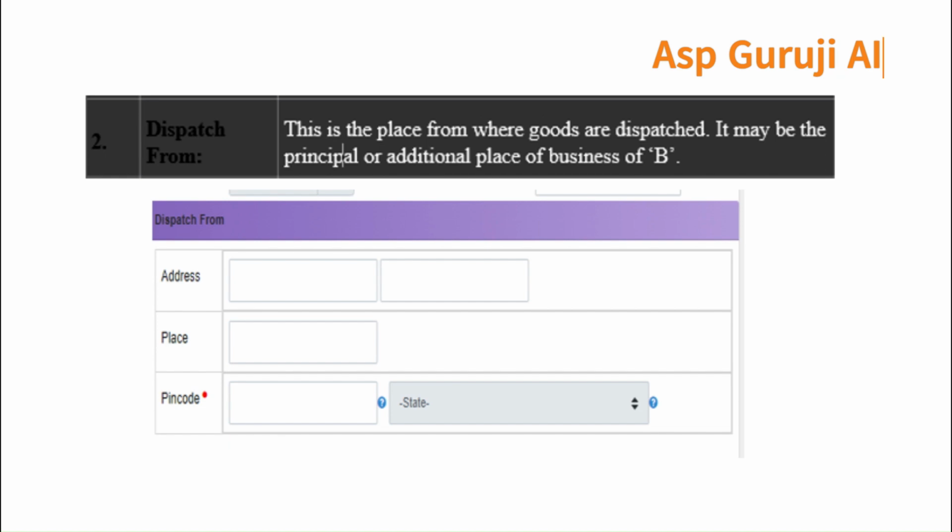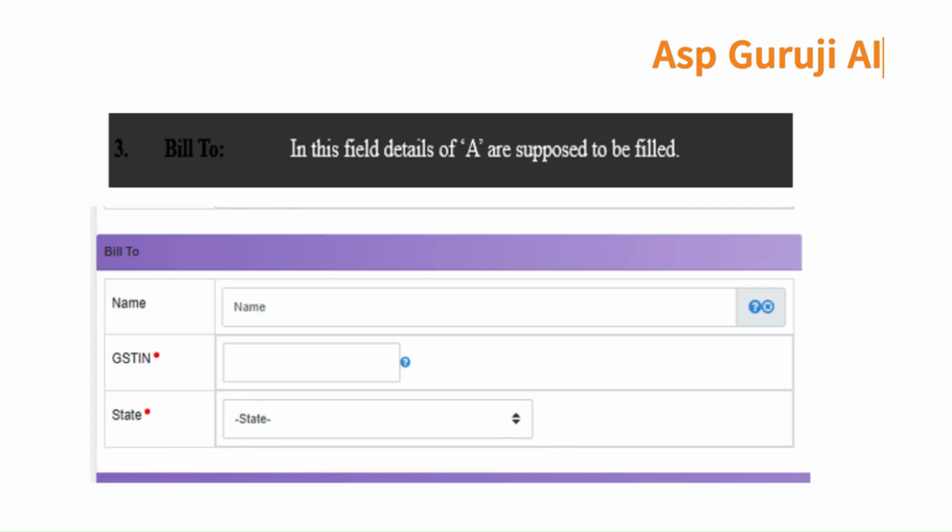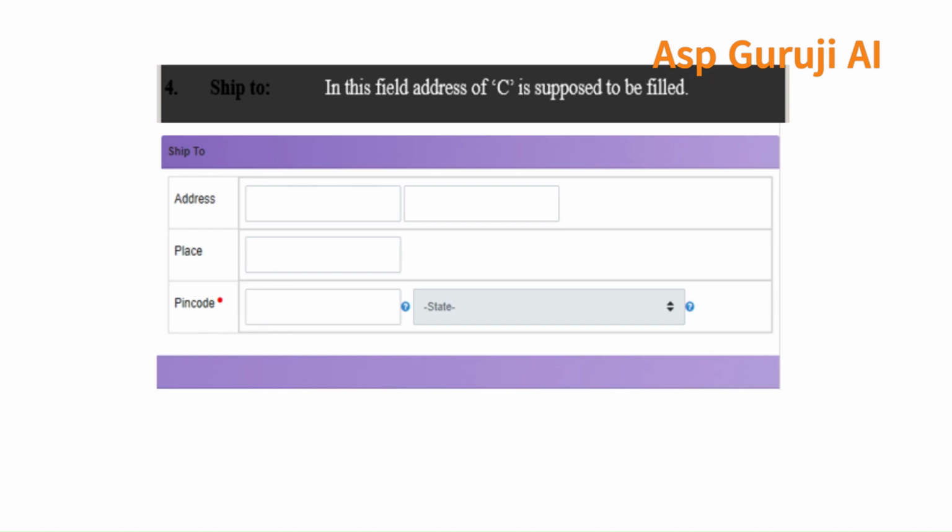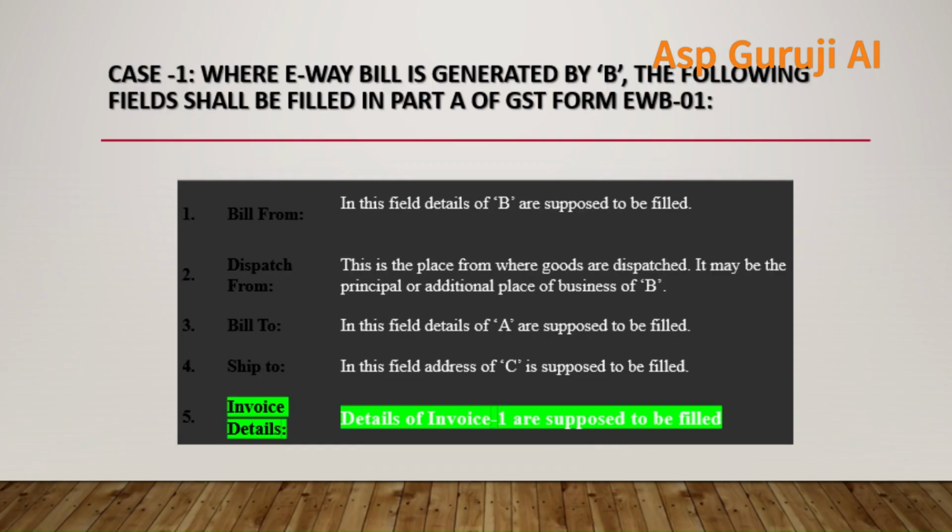It may be the principal or additional place of business of B. Third, bill to. In this field, details of A are supposed to be filled. Fourth, ship to. In this field, address of C is supposed to be filled. Fifth, invoice details. Details of Invoice 1 are supposed to be filled.